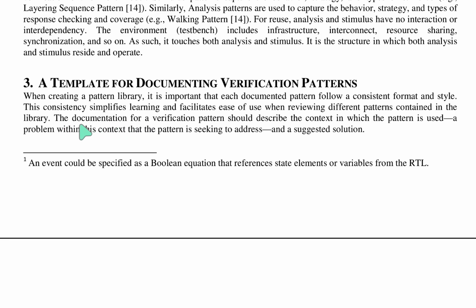The documentation for a verification pattern should describe the context in which the pattern is used, a problem within this context that the pattern is seeking to address, and a suggested solution.